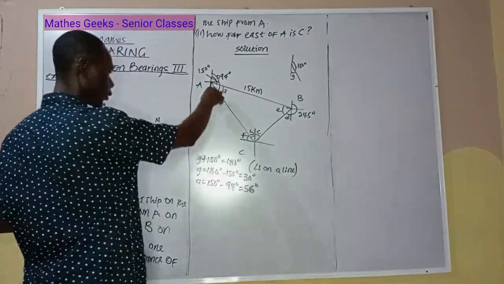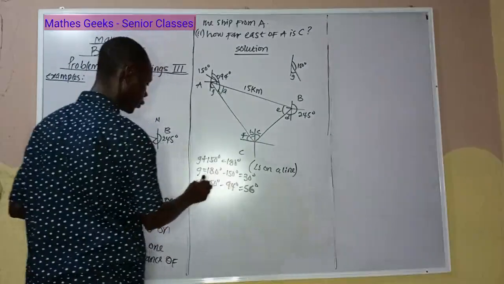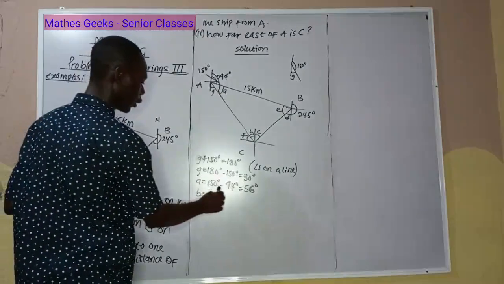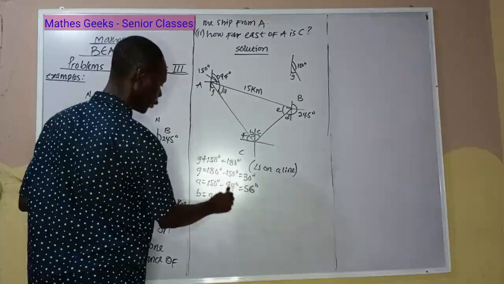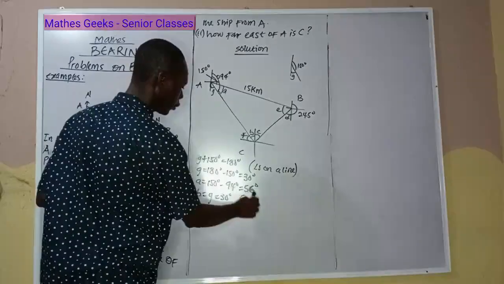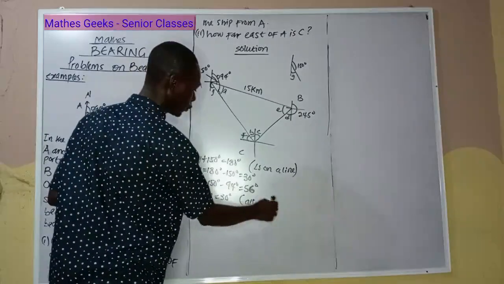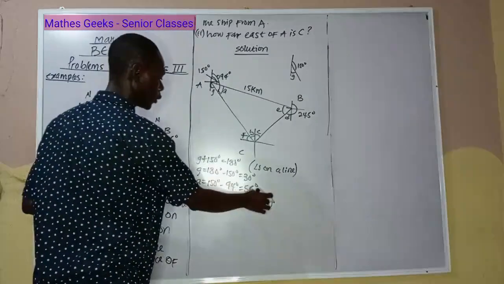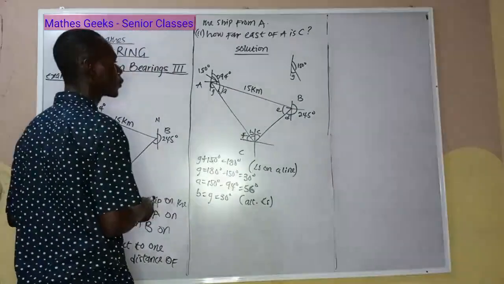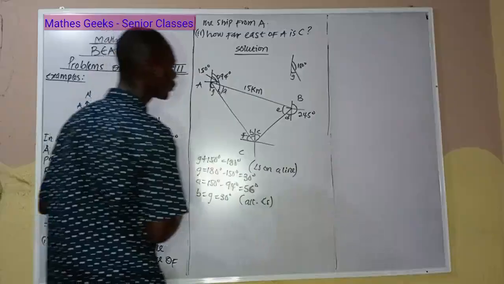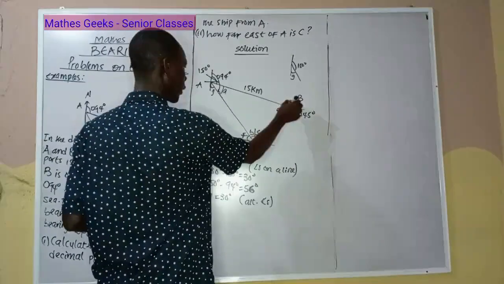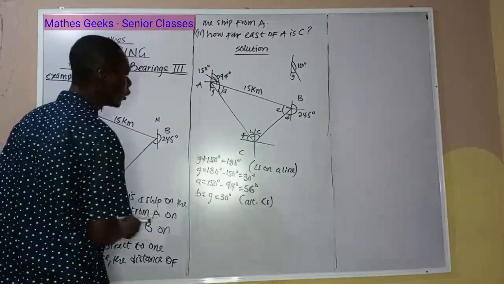Let's come over to this side. So B is equal to G, and what's G? 30 degrees. And why? Alternate angles. We can still get an angle here, but let's go on.